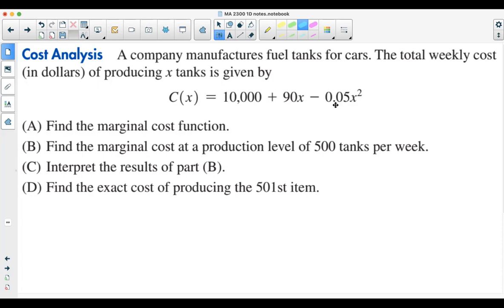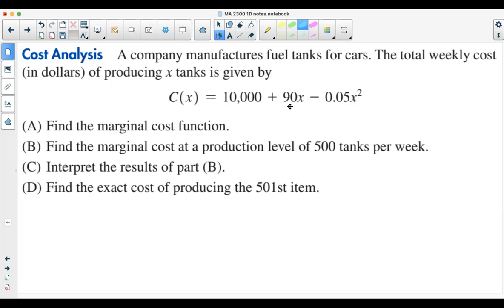Generally, the 10,000 is the basic structure that you have to spend no matter how many things you are producing. It can be rent, right? It can be basic salary that you have to pay no matter what, as an example. And then maybe the 90X would be some sort of material cost for each one you make.